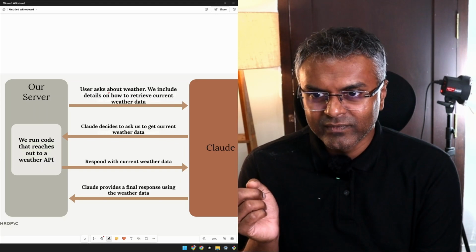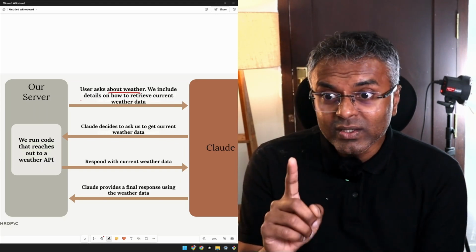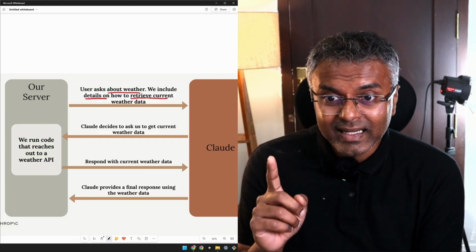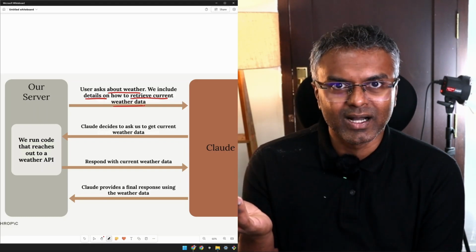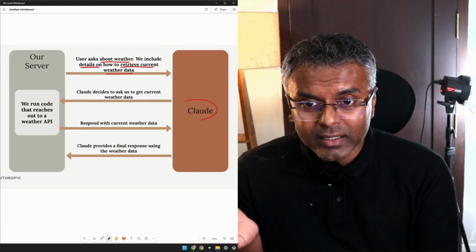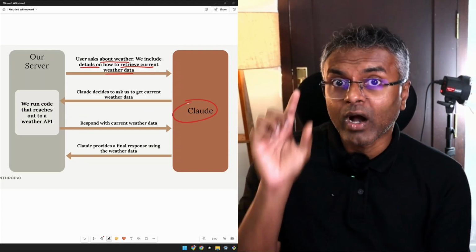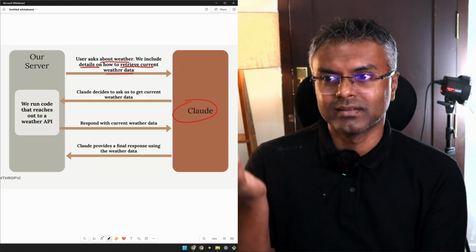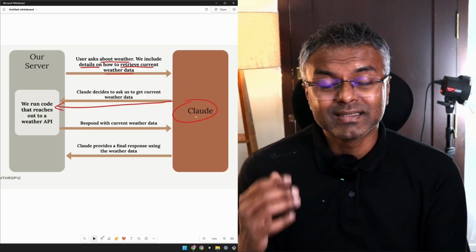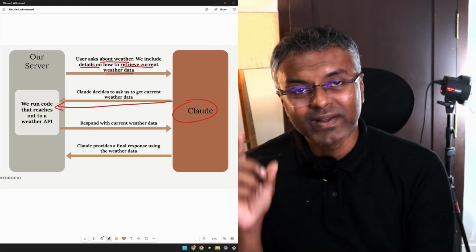From our server, when we ask about the weather, we include details on how it can retrieve different weather data, okay? And then Claude uses its intelligence and knows that it doesn't have up-to-date weather information on San Francisco. So it just asks us to fetch that information.